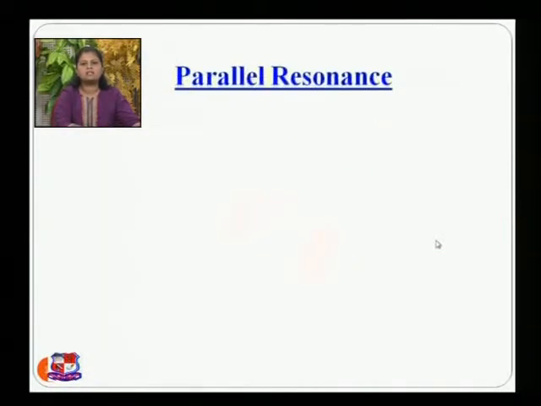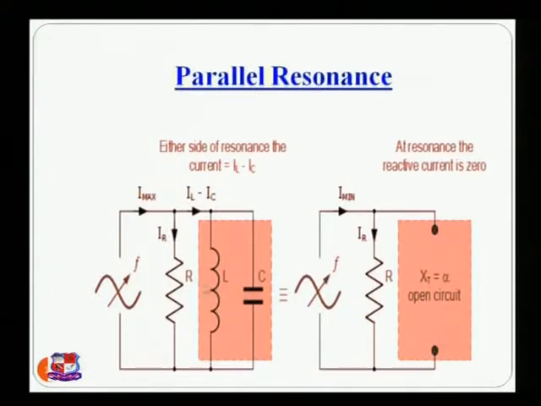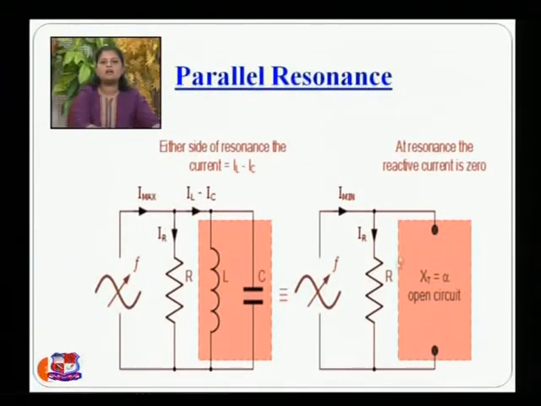Now parallel resonance circuit. So again it is a parallel combination of resistance, inductor and capacitor. R, L and C are connected parallelly and alternating supply is connected with this. When resonance occurs, then the effect of these two elements is 0. So it is represented by an open circuit.